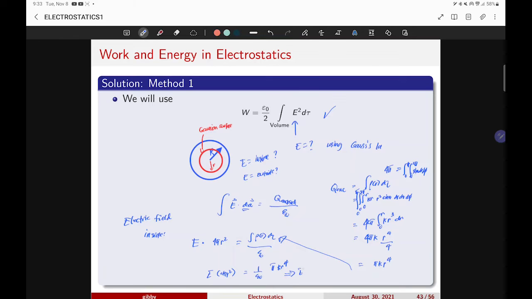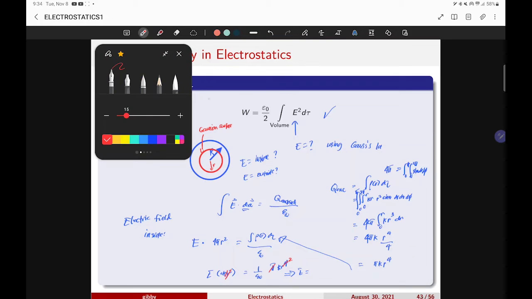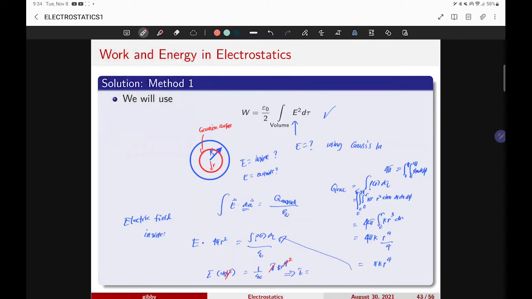So the electric field is now, okay, take note that the pi cancels, r squared cancels, so this becomes 2. So the equation becomes E equals k r squared over 4 epsilon naught.